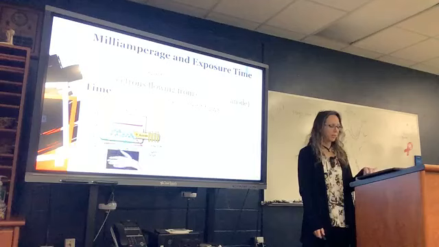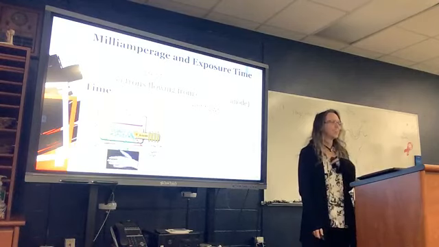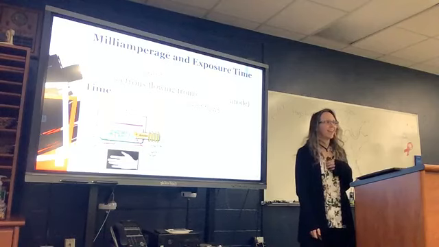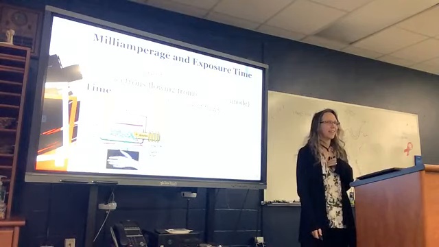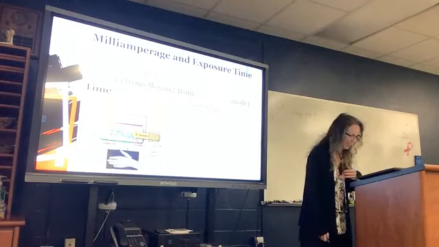Bonus question. How do we get the electrons? The electron cloud, heating up the filament. Through the process called? How do we heat up the filament? Electricity. Yeah, very good.